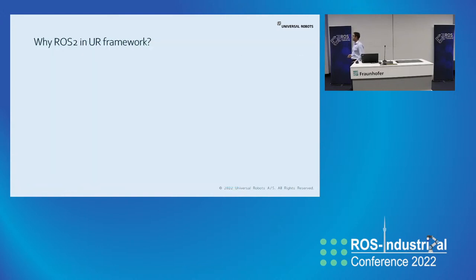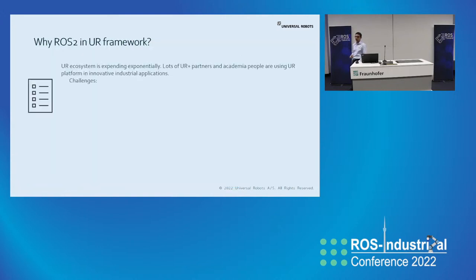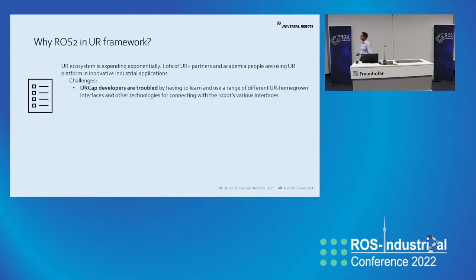So why this ROS2 in UR framework? We have quite a few good interfaces on the robot. They are good for what they were made for, but we have observed that some more advanced URCAP vendors, even Gripper URCAP vendors, usually have to use more than one interface to realize their applications and to make it easier for customers to use their hardware.